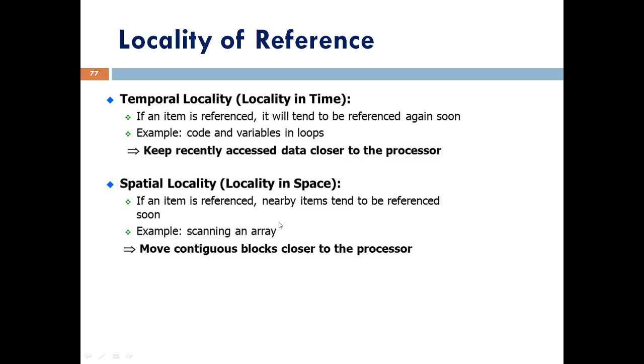So spatial locality means the instructions or data near the current memory location may be needed soon in the near future. This is slightly different from temporal locality. Spatial locality is nothing but locality in terms of space: the items near the referenced item will be referenced soon. So these are the two types of locality of reference.